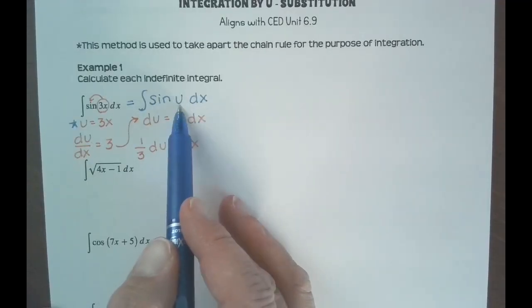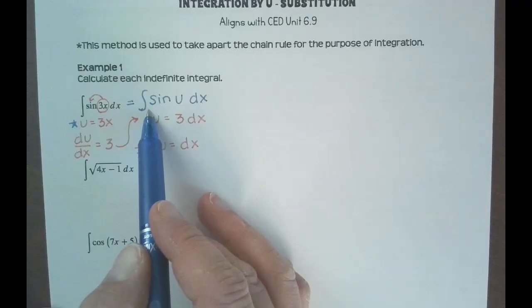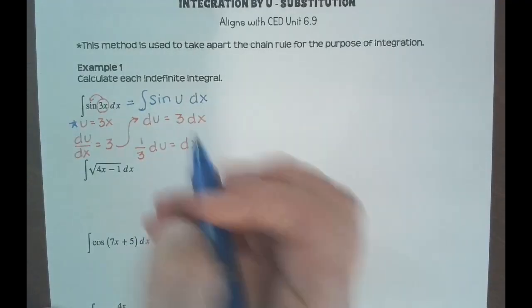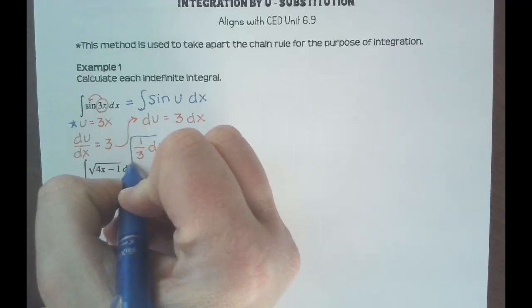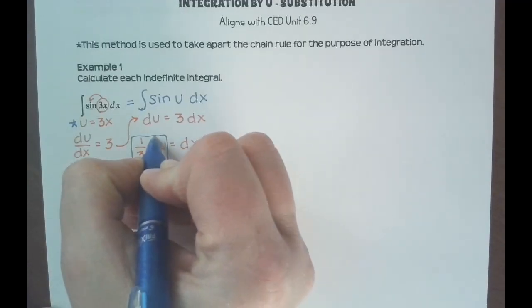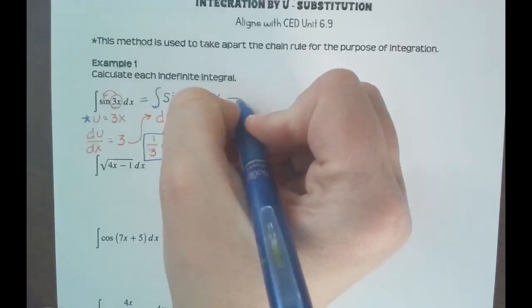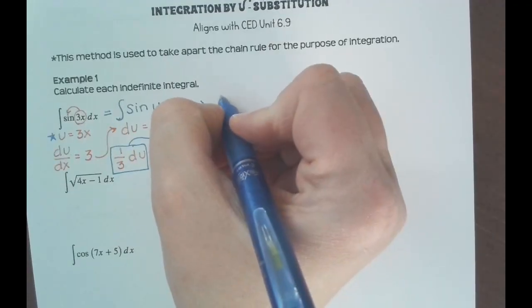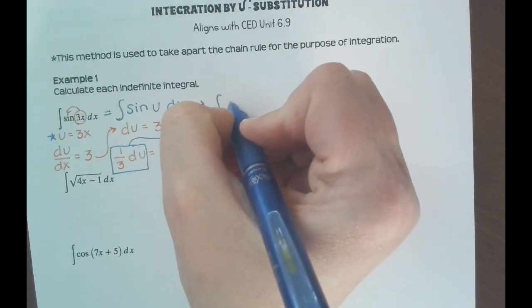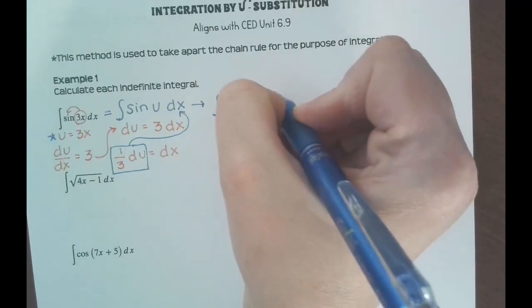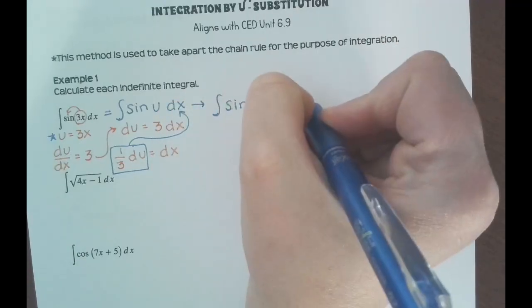So when these variables don't match, I can't actually take an integral. That's why we did what we did here. Because now I can say, I'm just going to replace that dx with a 1/3 du. So really rewriting this integral should look like this. Sine of u times 1/3 du.